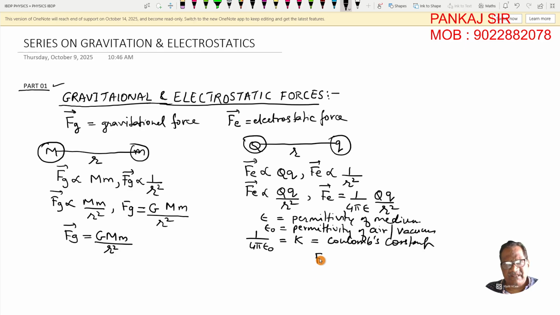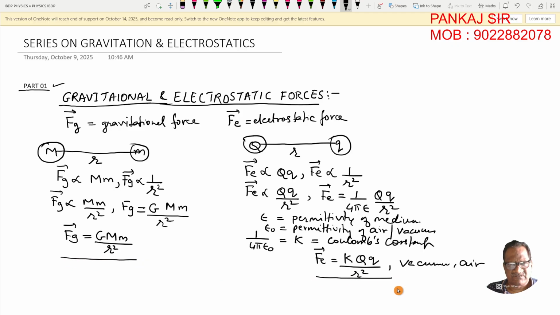So this Fe, the electrostatic force for air or vacuum, can be written as K capital Q small q divided by r square. Okay, so this is the formula for vacuum. You can see a striking similarity between these two formulas, gravitational force and electrostatic force, right?